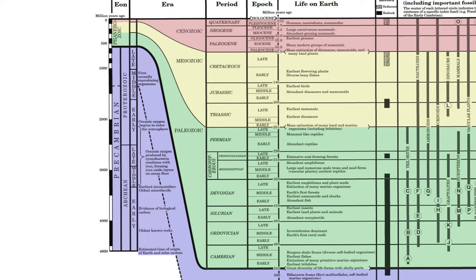So when I am looking at that, I have to look in this time scale, the geologic time scale of Earth. And I see oldest microfossils. I see oxygen produced by cyanobacteria combines with iron. So it looks like this is when it first started. And then the oceanic oxygen begins to enter the atmosphere.